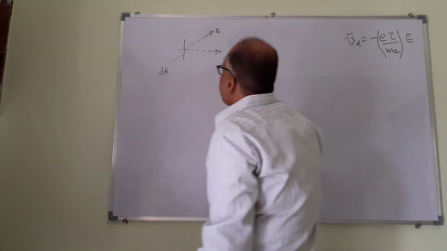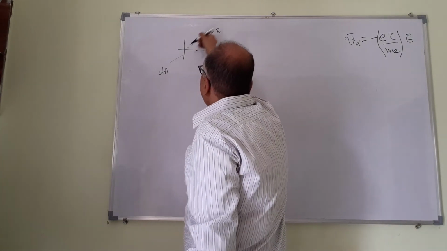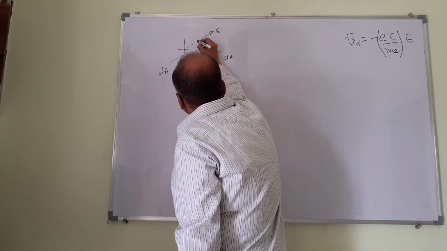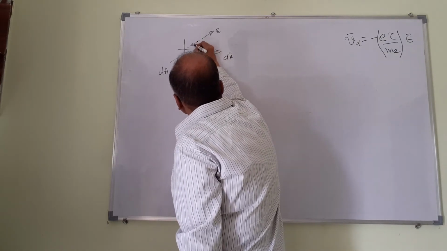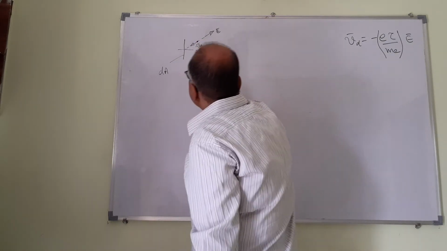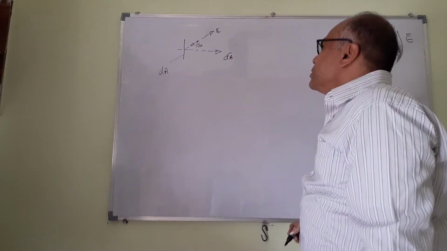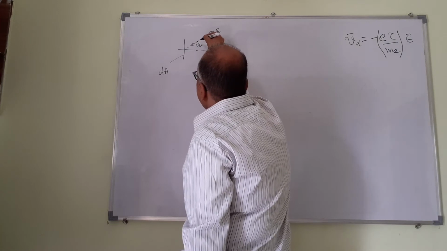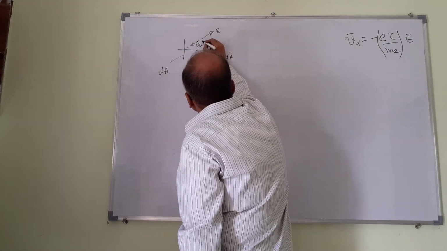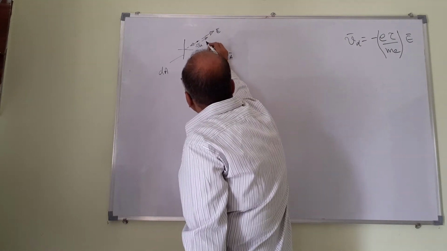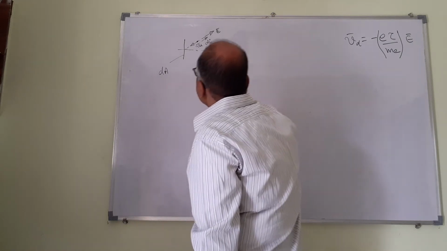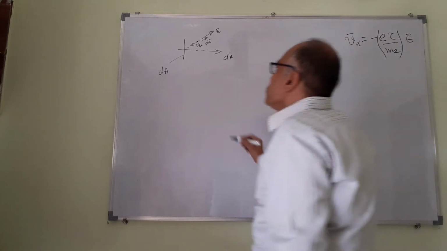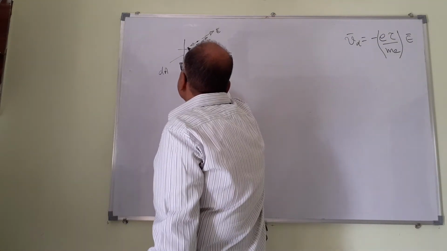Now obviously the electrons will get drifted opposite to E. So the drift velocity Vd would be like this. If Vd is like that, because it is an electron, the conventional current will be in this direction. dI would be in this direction.